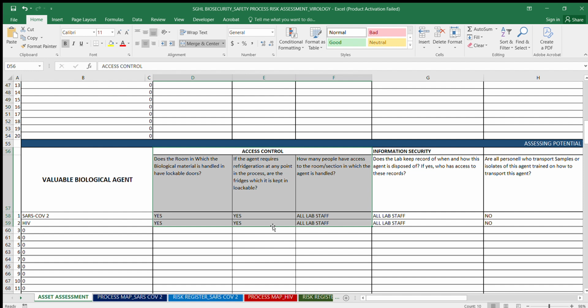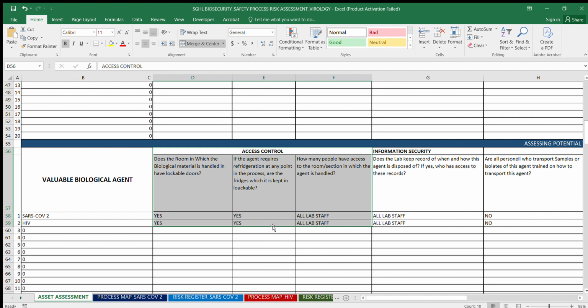So the first question is, does the room where you are keeping these biological agents or where you are handling this biological agent, is the room lockable? If the room is lockable, it means that access will be limited only to people that have the lock or the key to that particular area.